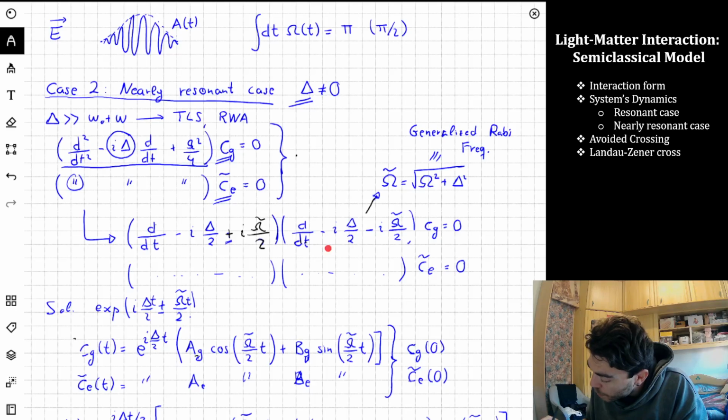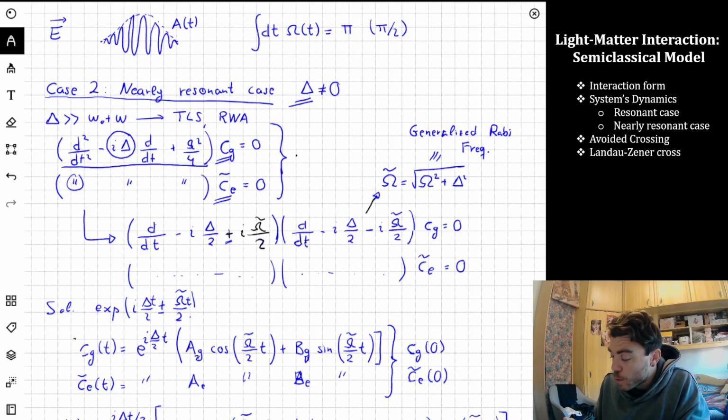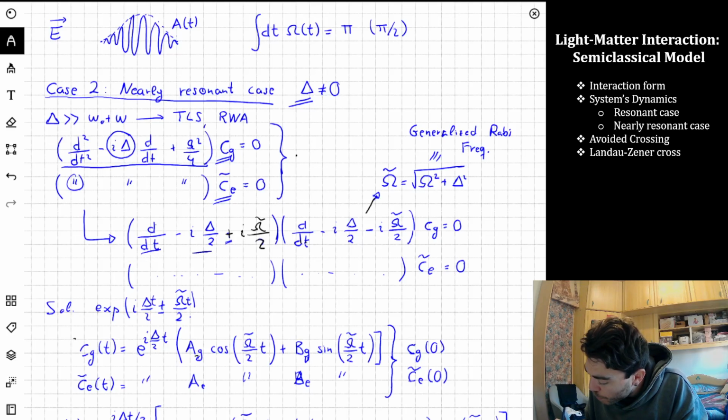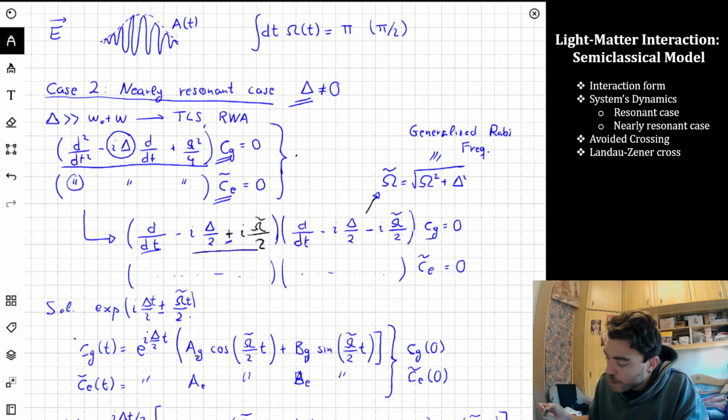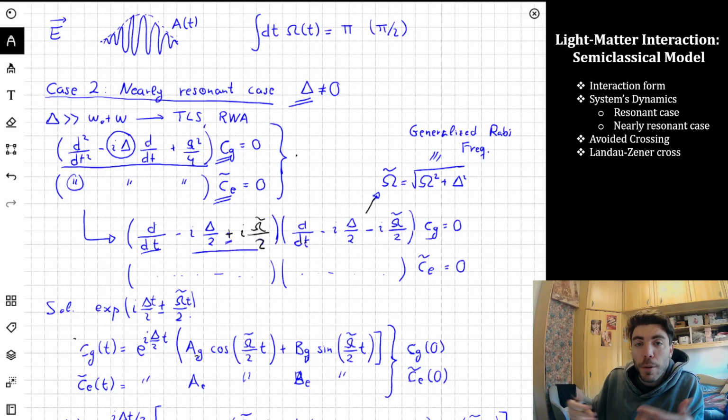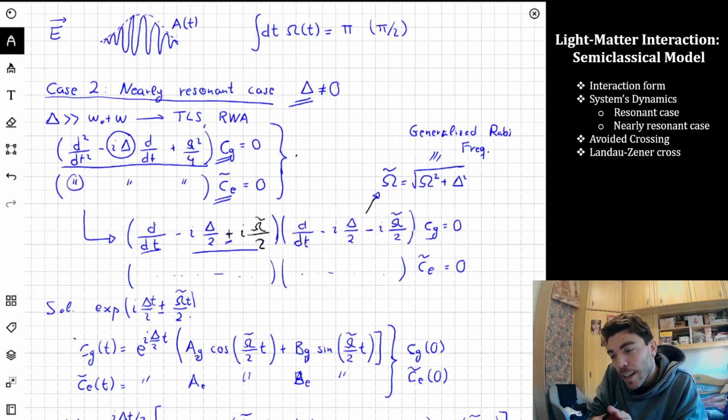So this is the operator, and here it's very easy to see that the solutions we should propose are, again not very surprisingly, oscillatory solutions, because one has a derivative with respect to time and then a pure imaginary term on the coefficient. So the derivative of the function is an imaginary thing times the function, so probably the solutions are going to be imaginary exponentials, which are oscillatory terms.